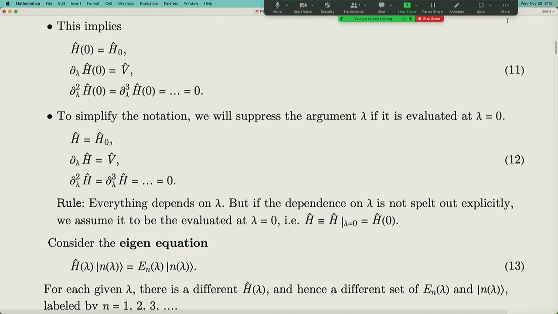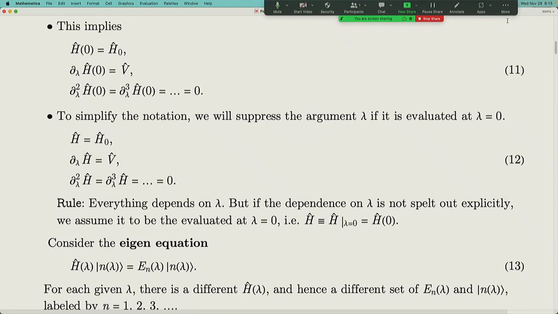Because we want to evaluate everything at lambda equals 0, instead of writing everything as a bracket with a 0 there to indicate that I'm evaluating this object at lambda equals 0, I can suppress all these notations and simply write the above formula as such. So in the following, whenever we see any expression without specifying the value of lambda, you should think that the expression is actually evaluated at lambda equals 0.